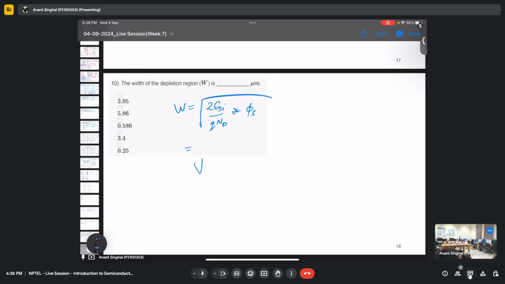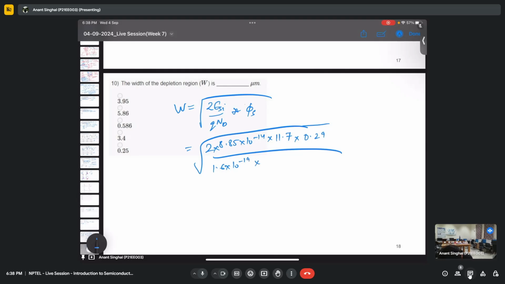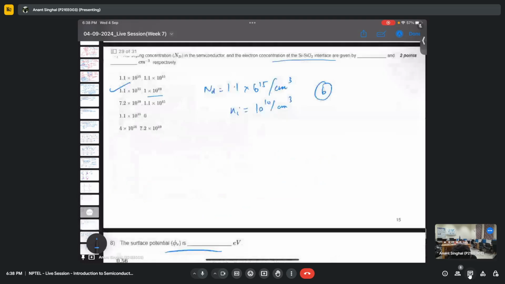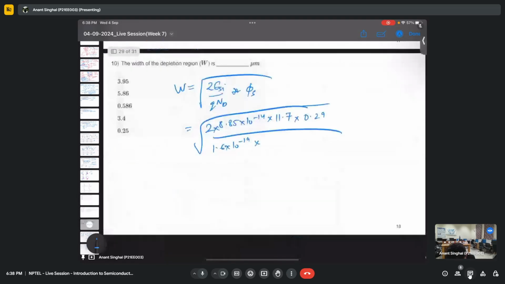So let's calculate also. 8.85, epsilon Si is 11.7, I guess. It's 0.29. ND, we have calculated in one of the earlier answers. It is 1.1 times 10 raised to 15, per cubic centimeter.